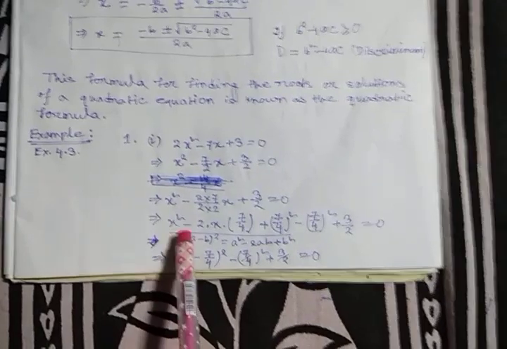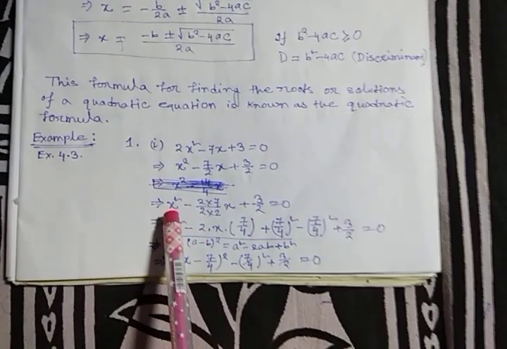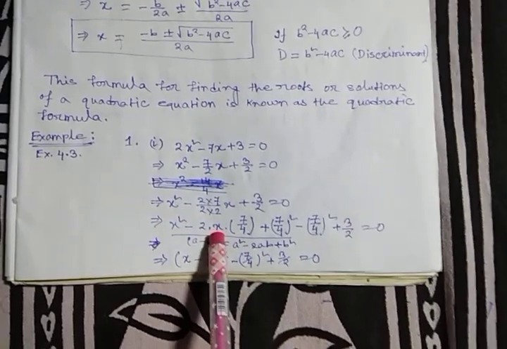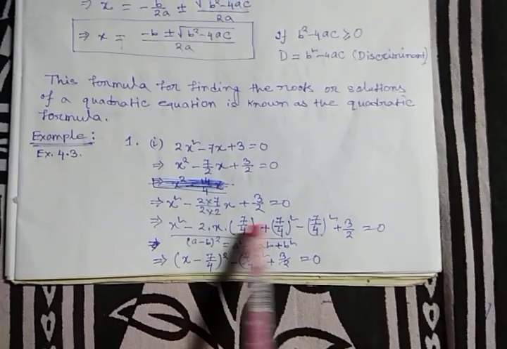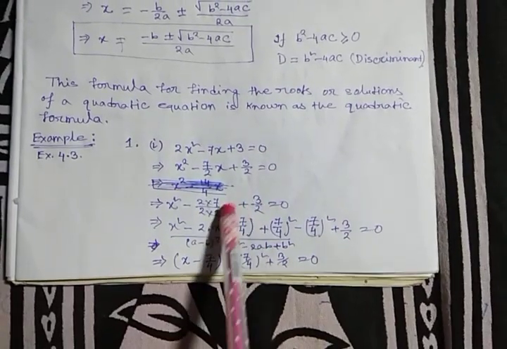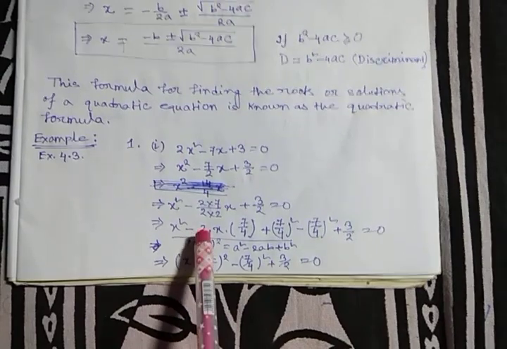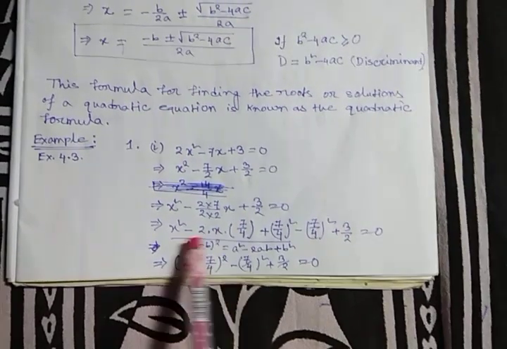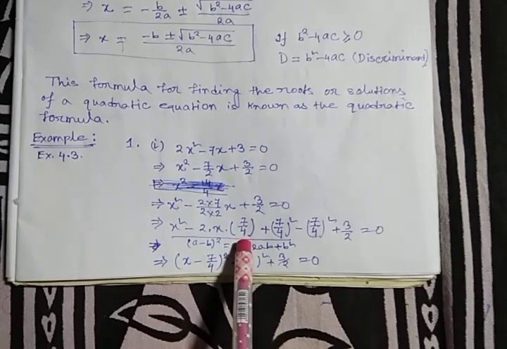So x square minus 2x. So x we can write here because x is there. Now the remaining part is 7 by 2 into 2, so 7 by 4. So we can consider this as b. So a square minus 2ab, because x we can consider as a, and 7 by 4 we can consider as b.